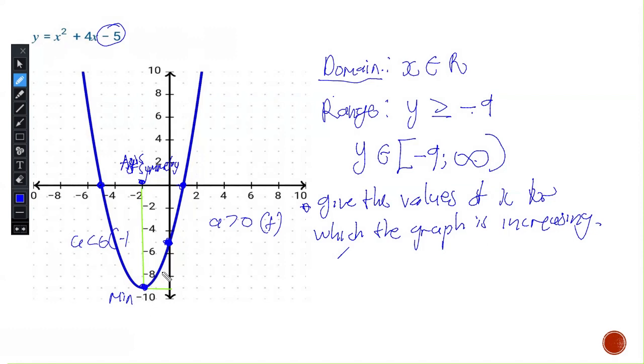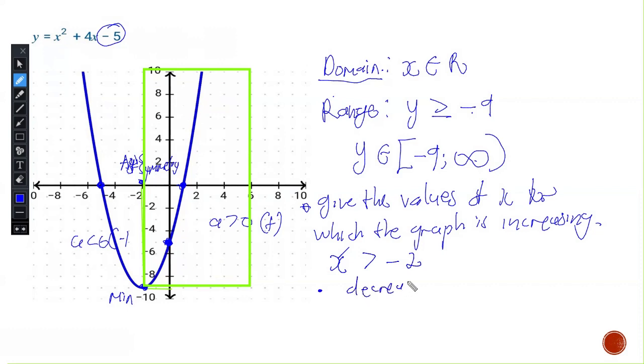So at this point, going all the way to that direction, we can see that the graph is increasing. So if you can just check here, what is happening to the graph? As the x values increase, the y values are also increasing. So we'll say the graph increases when x is greater than -2. Right. But then where is it decreasing?